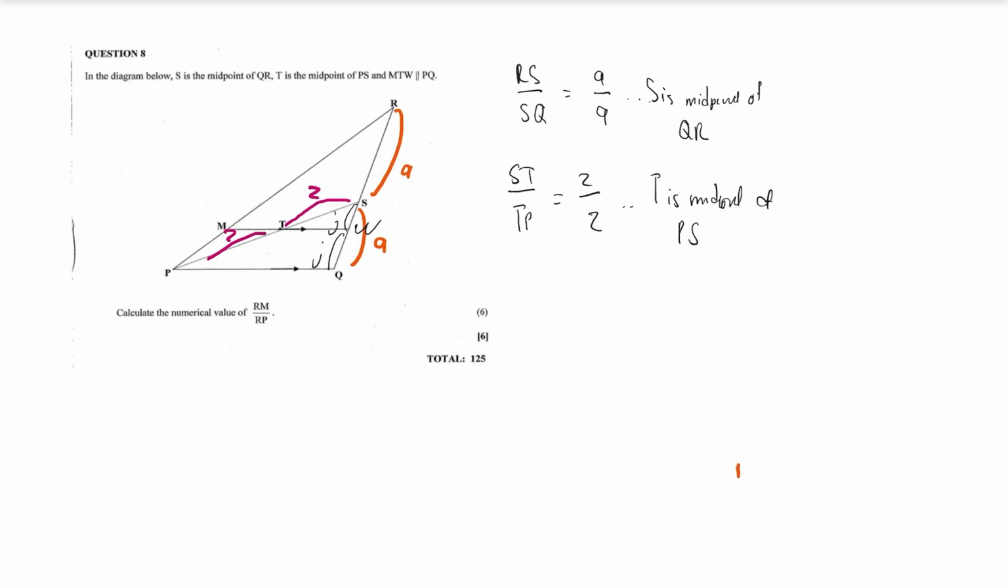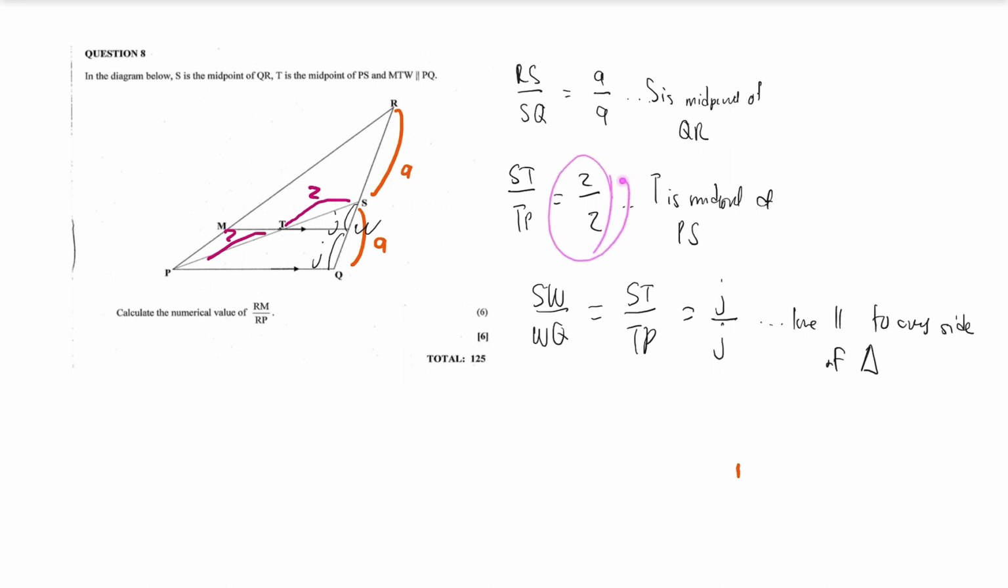Then what we have just found is that SW over WQ is equal to ST over TP, and this is equal to J over J. We say line parallel to one side of a triangle. The confusing part is that here we're using Z's, but here we're using J's.